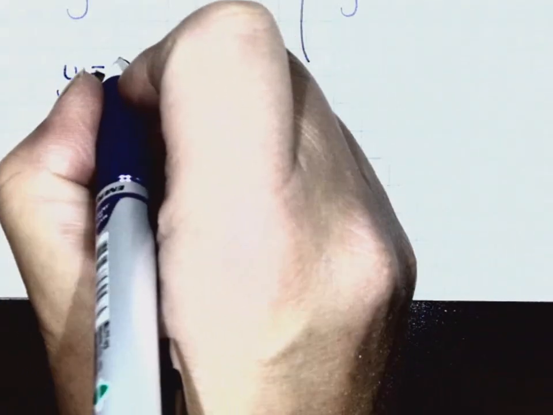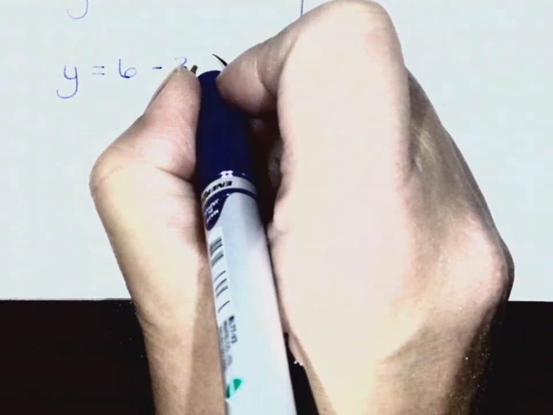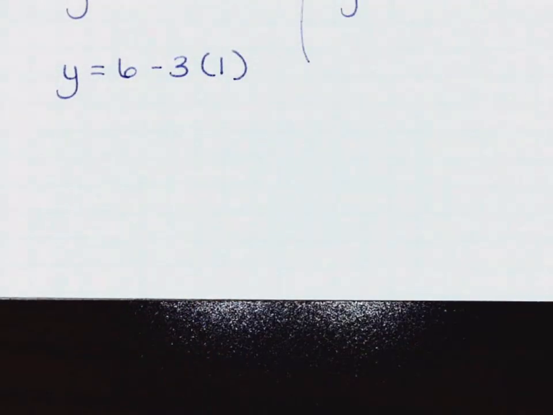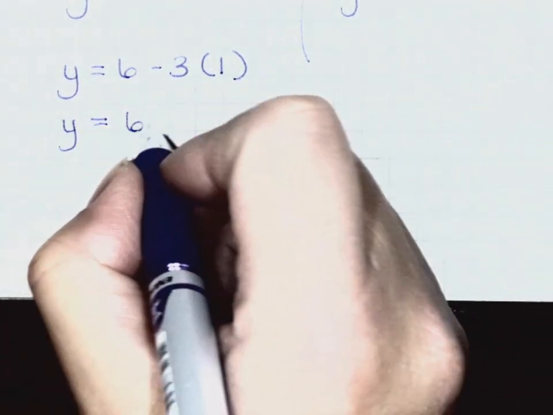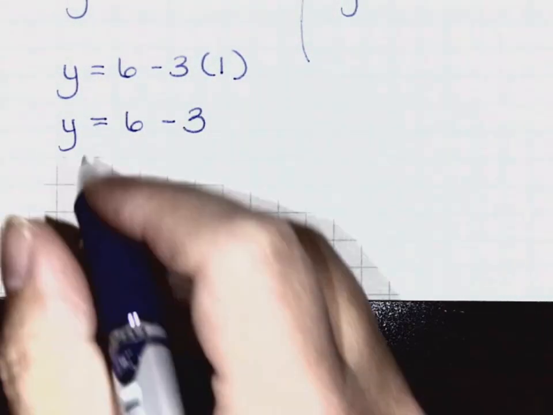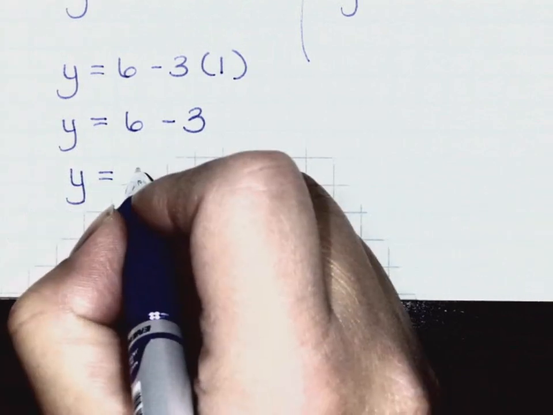Okay, next up is y when it's 1. 6 minus 3 times 1. Oh, now we're in positive numbers, so that feels a lot better. So that's just a subtraction question.